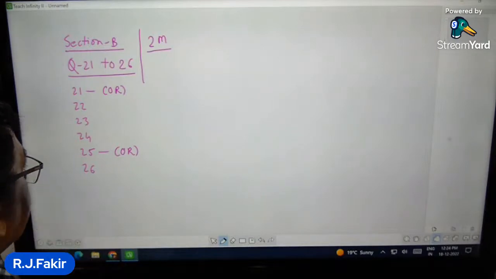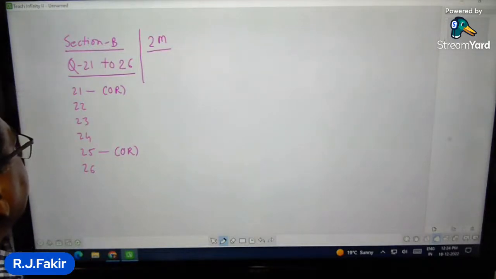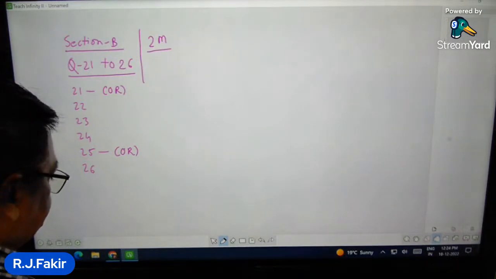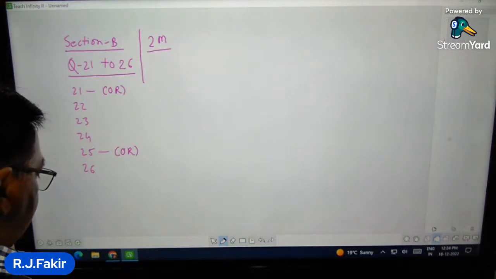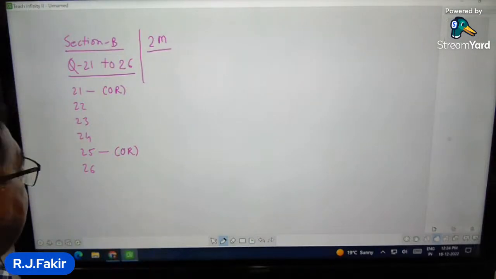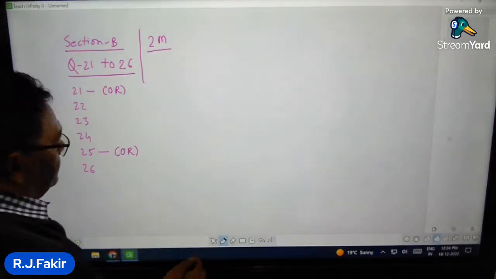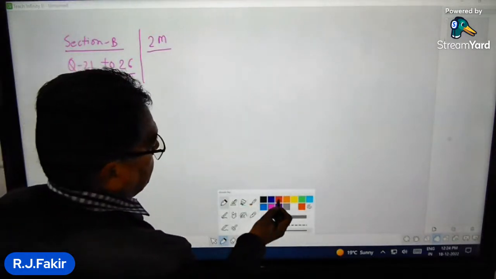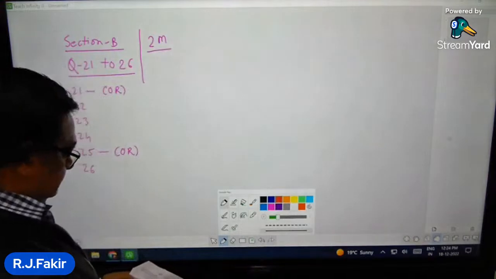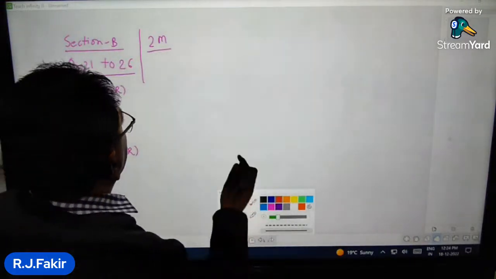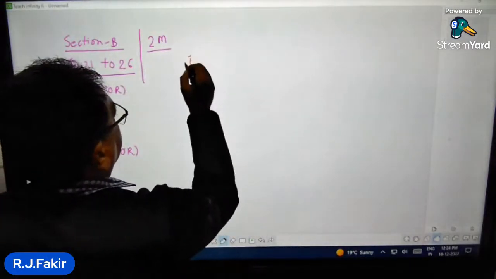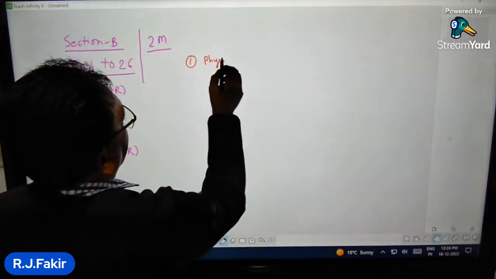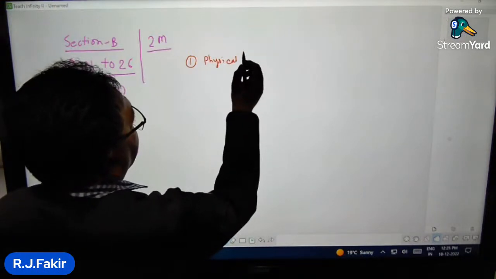The rest, 22, 23, 24 and 26, will be the compulsory part. They will not have any choice. Now in this one, what are the important topics for this section? The number one is the physical and chemical properties of metals and non-metals.